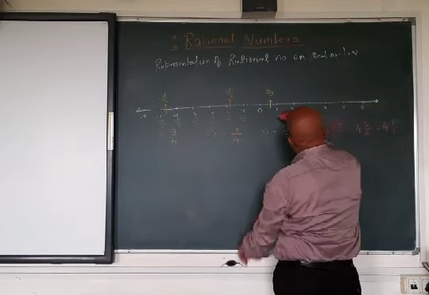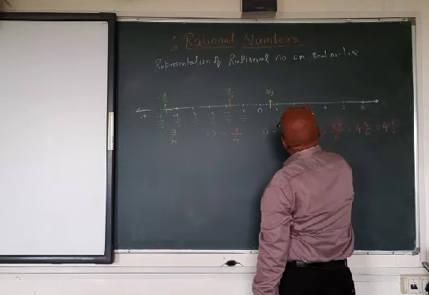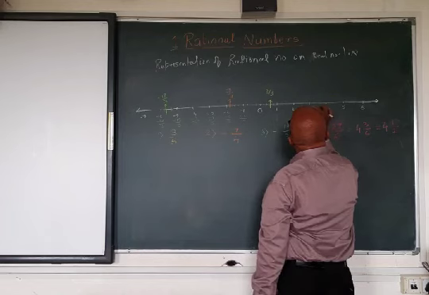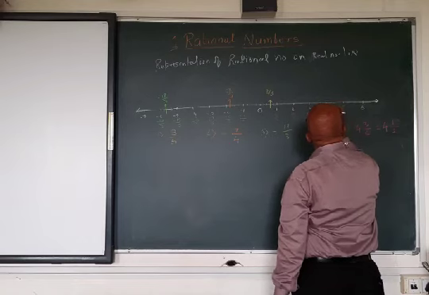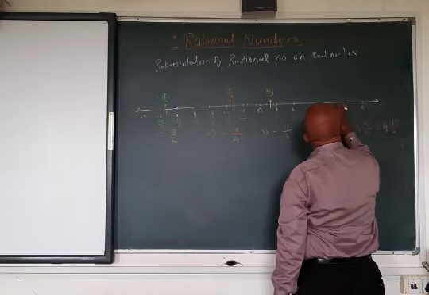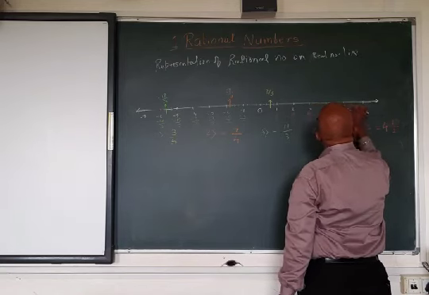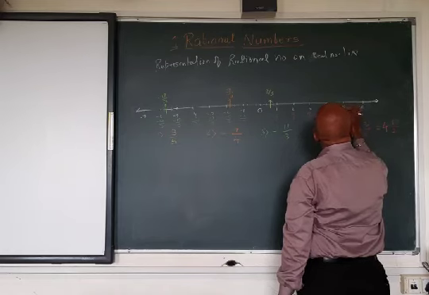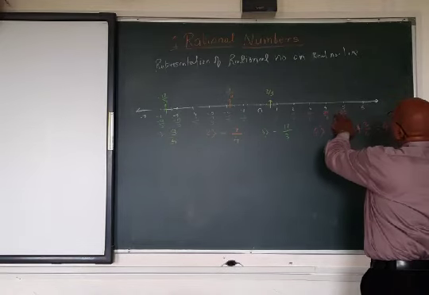So first I will write here 6 upon 6, 6 2s are 12 upon 6, 6 3s are 18 upon 6, 6 4s are 24 upon 6, 30 upon 6. Now see here, this is 27 upon 6.